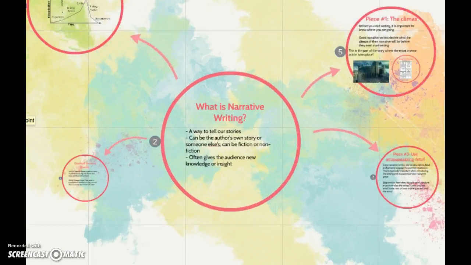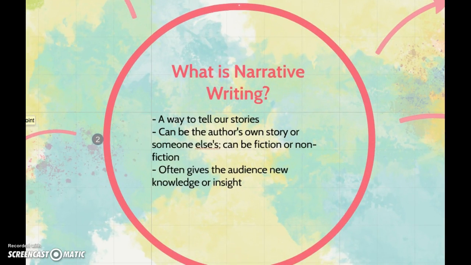The first thing we have to do is figure out and identify what exactly narrative writing is. In its essence, narrative writing is a way to tell our stories. These stories can be the author's own story, or somebody else's. As we know by reading Sonia Nazario's book, it can be fiction or nonfiction, meaning it can be a true story or a story that we made up in our imaginations.